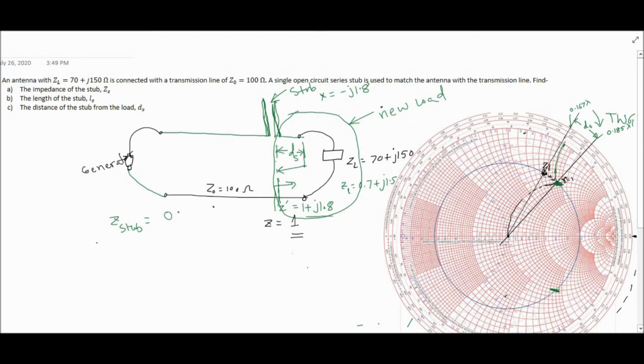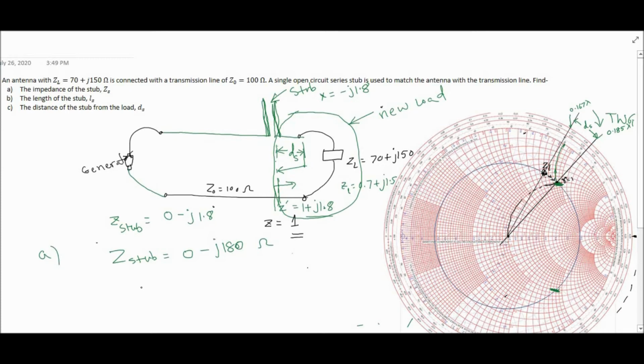So this is my lower case, and this value is negative j1.8. But if we want to find uppercase z stub, then we have to multiply with z naught, and this value will be 0 minus j180 ohms. So this will be my stub impedance. So that's the answer for part A.